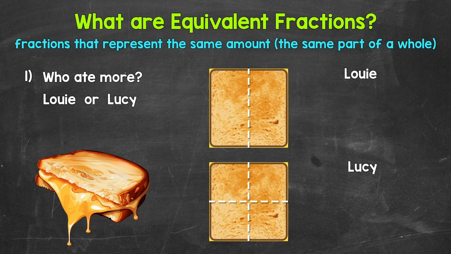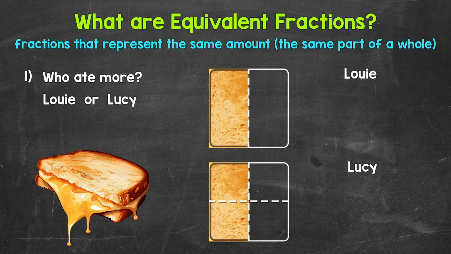Now, Louis eats 1 piece, and Lucy eats 2. Let's see what that looks like. So here's Louis's grilled cheese after he ate 1 piece, and here's Lucy's grilled cheese after she ate 2 pieces. Let's start by taking a look at Louis's. What fraction of Louis's grilled cheese was eaten? Well, Louis's grilled cheese was divided into 2 equal pieces.